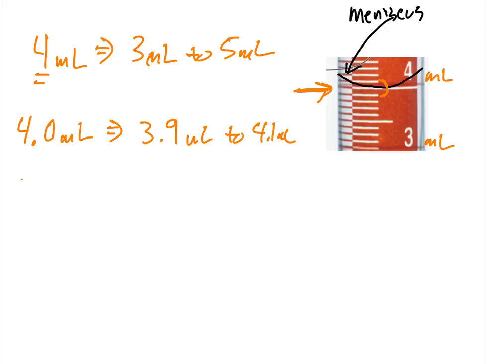So basically, if we have a meniscus that we are able to visually identify as being directly on the 4.0, well, those are going to be certain measurements, and then our uncertainty, which I'll represent in blue here, is going to be in that second decimal place.